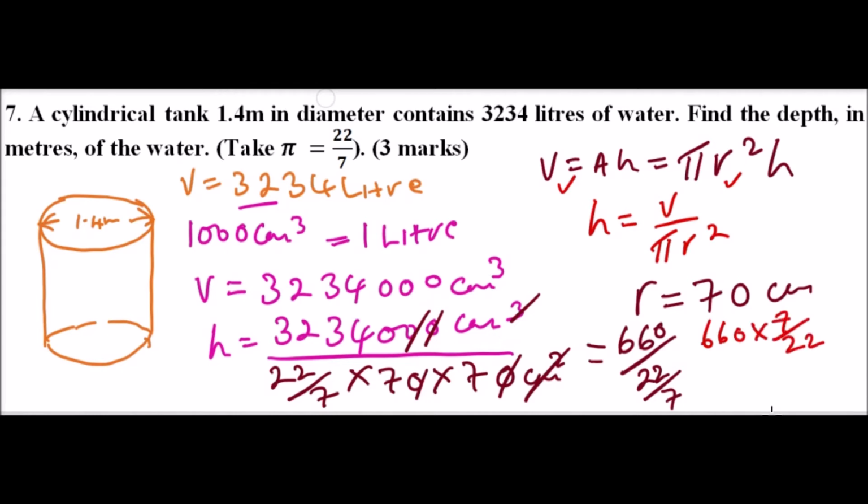When you simplify that, you get 210 centimeter, implying that the height of the water, divided by 100, is 2.1 meter. So that is the height of the water, and that is how you work it out. So what you need to know here is how to get the volume of a cylindrical figure.